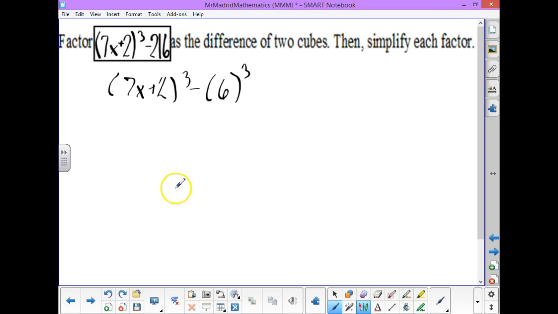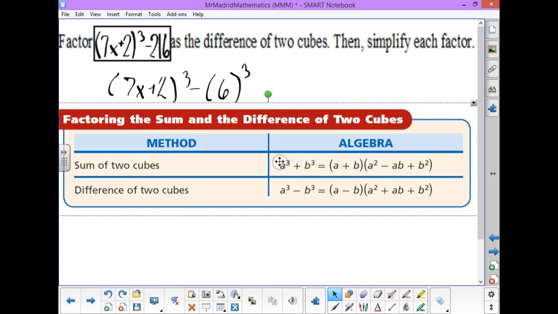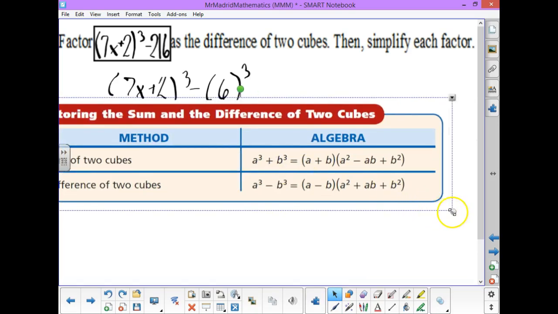Now, what's important here is to identify that A is this portion. I'm kind of jumping the gun here, sorry. We did talk in class that identifying the difference of two cubes should trigger this whole formula.